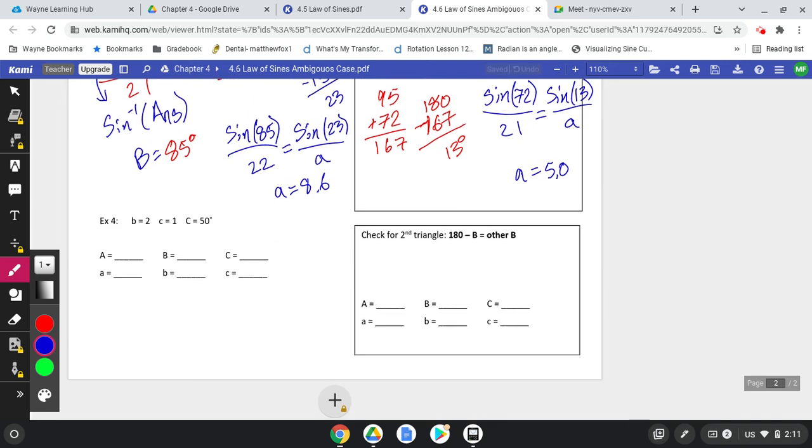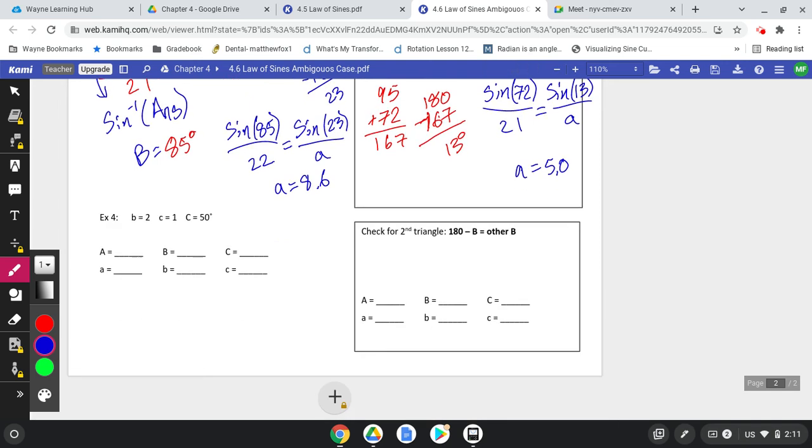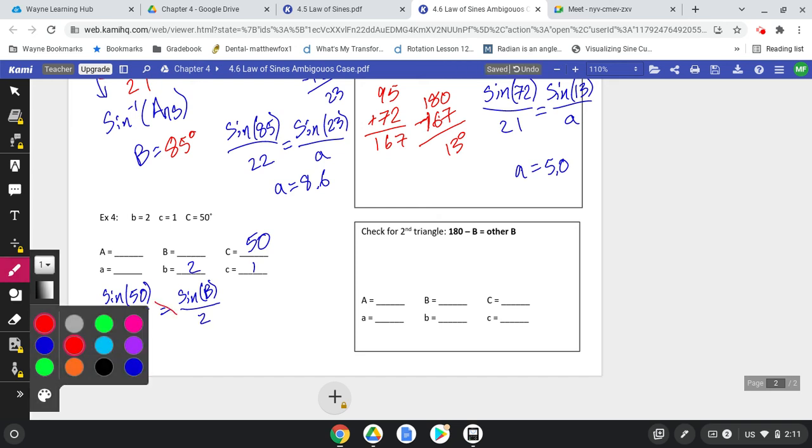Okay, I promise this last one is much quicker. I'll just show you real quick one more. So 2, 1, 50. We'd set it up again: sine of 50 divided by 1 equals the sine of, we don't know, divided by 2. We cross multiply and then divide. And then we'll take the inverse sine of whatever we get for our answer.